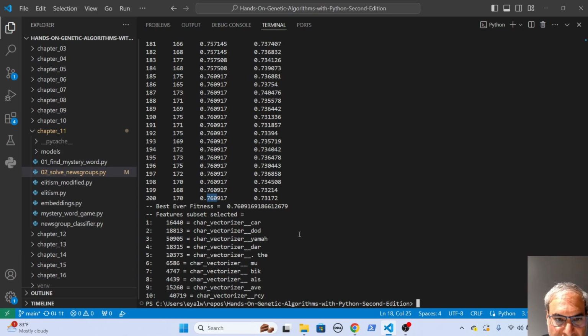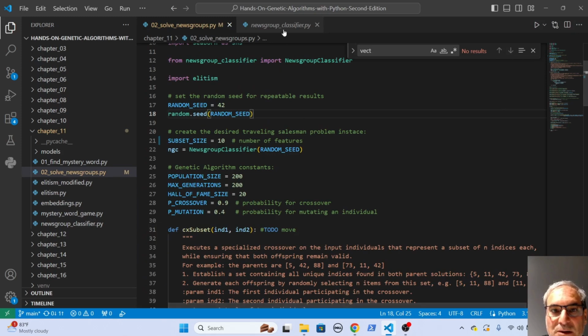And if we look at them, we can see that these are all basically pieces of words, character vectors, but maybe we can sort of recognize what the words are. So maybe we can try to go back and just capture whole words and remove the characters altogether out of the equation. So we can do this by going back to the newsgroup classifier here.